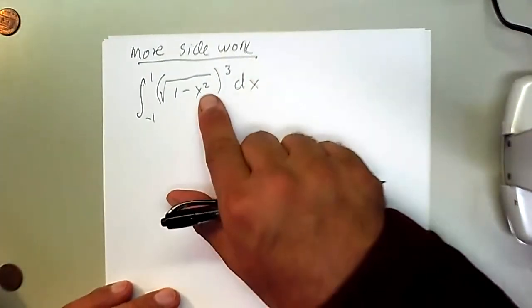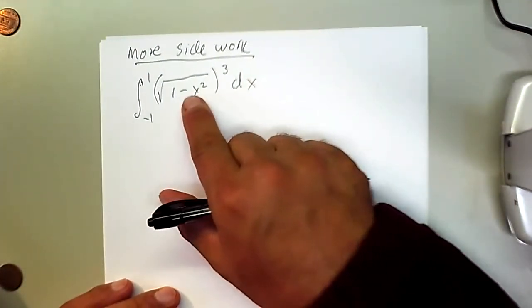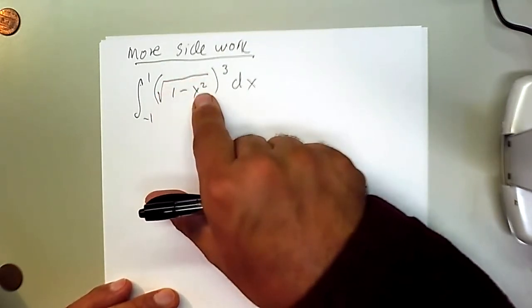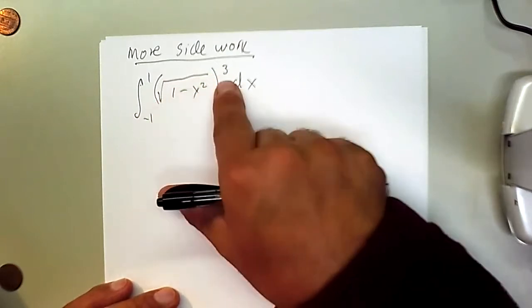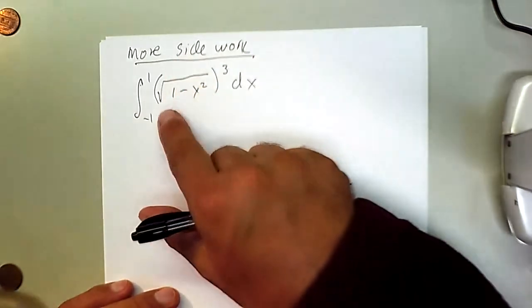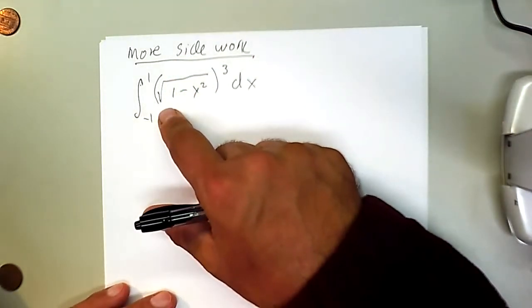By the way, this is an even function because we're squaring the x. So whatever happens here with a positive x will happen again with a negative. So this is totally even. Even if we cube, this number is going to be already positive. So when we cube it, we're still going to end up with a positive number.